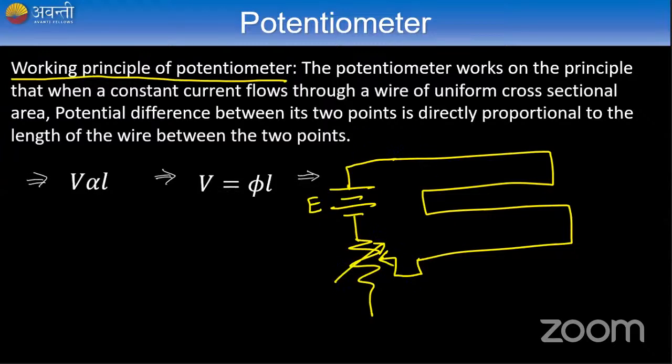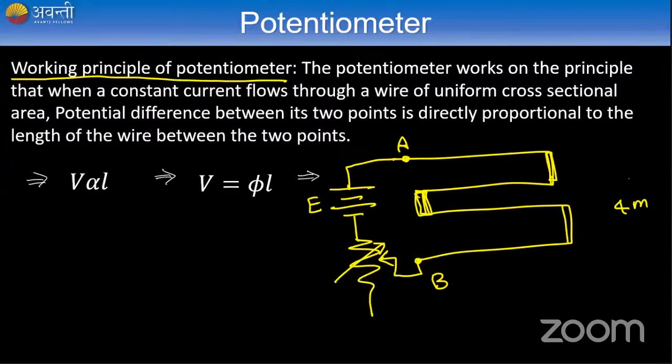Let me consider a wire of length 4L. In meter bridge, we had considered the length of the wire as 100 centimeters. Here, we'll be considering 4 times that, 4L, that is a 4 meter wire.